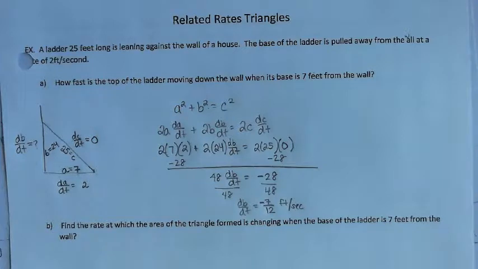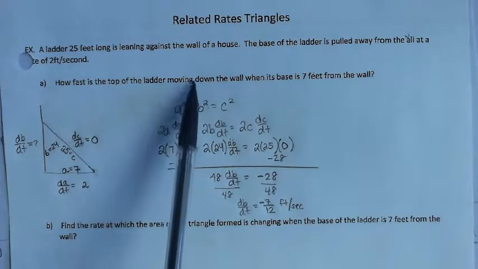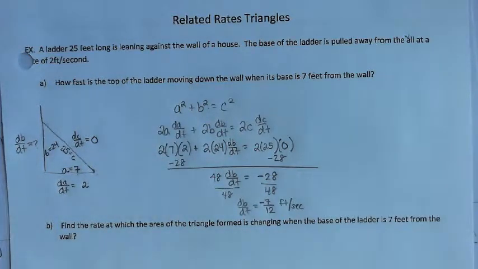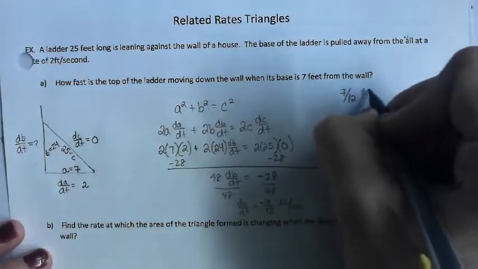You'd say 7/12 here because they've already hit the negative part by saying how fast is it moving down. If you said moving down the wall at negative 7/12, there's a double negative there and it's kind of moving back up. If they just said how fast is the ladder moving, then I would go with the negative. But because they've already said down the wall, you'd go with the positive 7/12 feet per second.